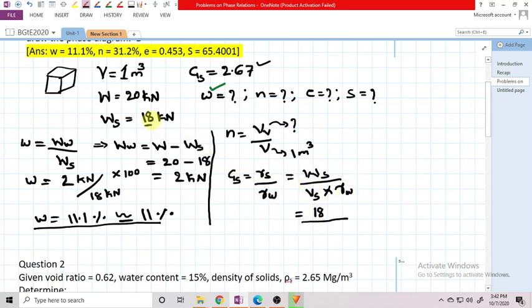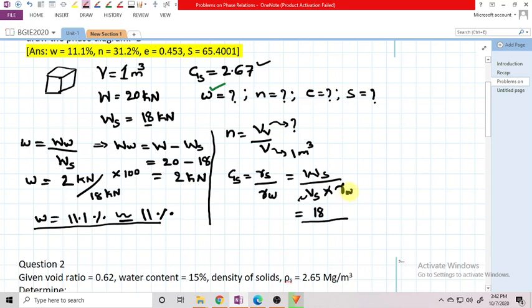The weight of solids I know, that is 18 kilonewton. The volume of solids I don't know, but the unit weight of water I know.